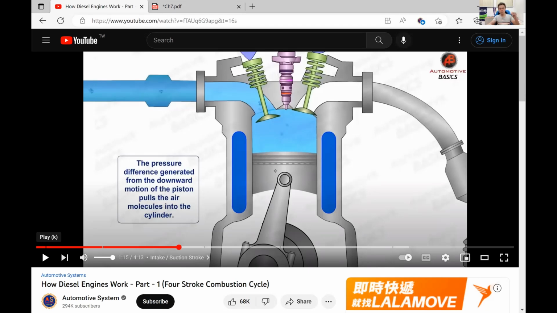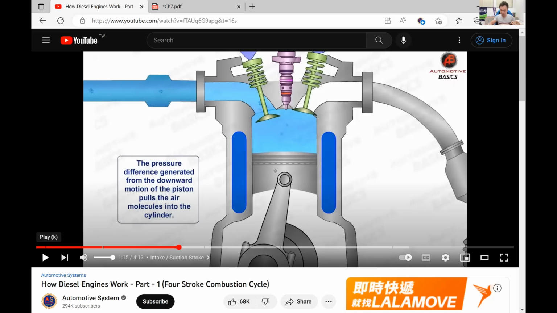In an SI engine, what is being sucked into the piston is air-fuel mixture. But in this CI engine, what is sucked into the piston cylinder device? It's just air.